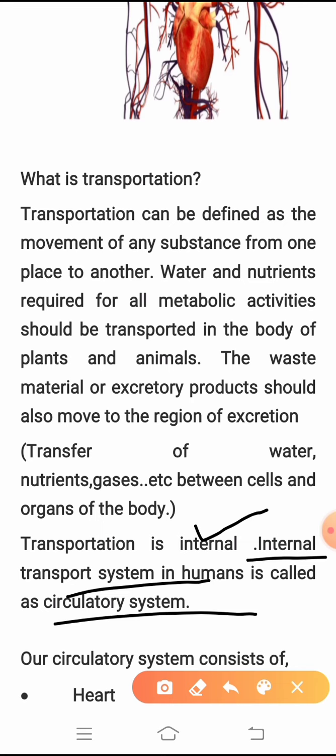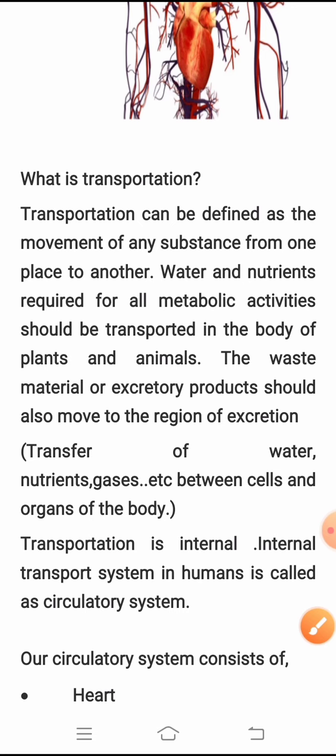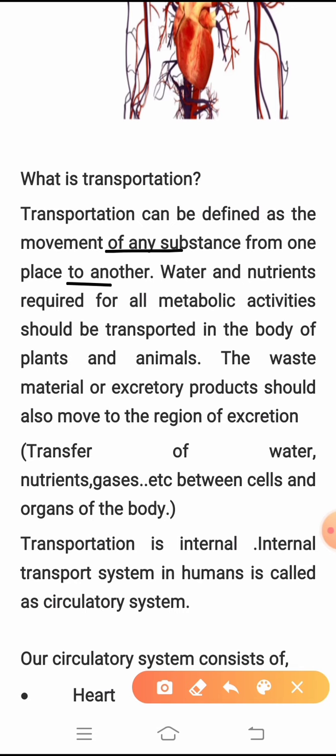Once again, I'll tell you what is transportation. Transportation can be defined as the movement of substances from one place to another, and some of the things which are getting transferred may be water, nutrients, and the things which are required for the metabolic activities. What are metabolic activities? The activities which are taking place inside the body, the chemical activities.